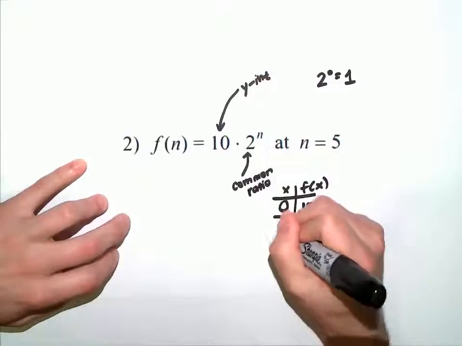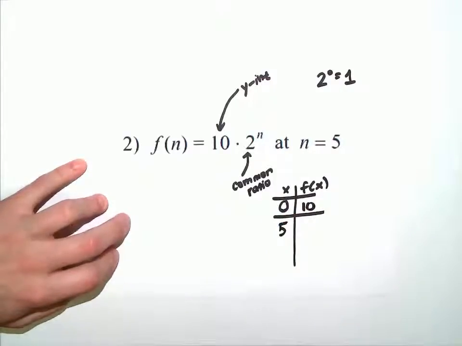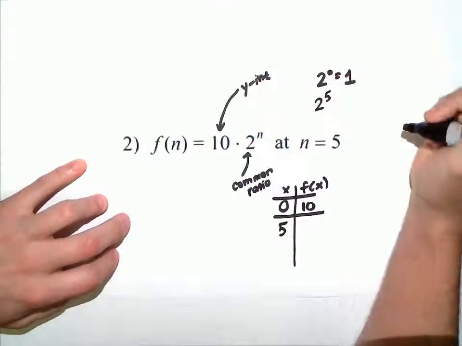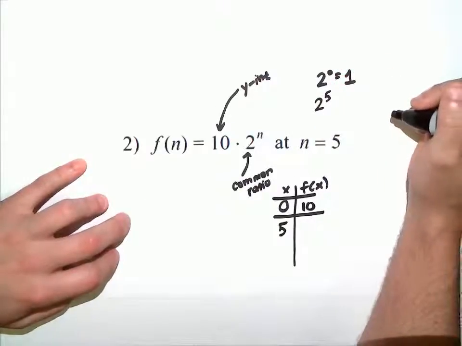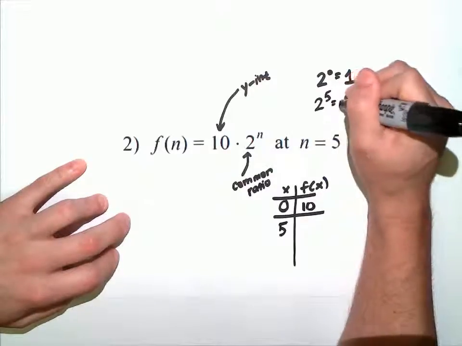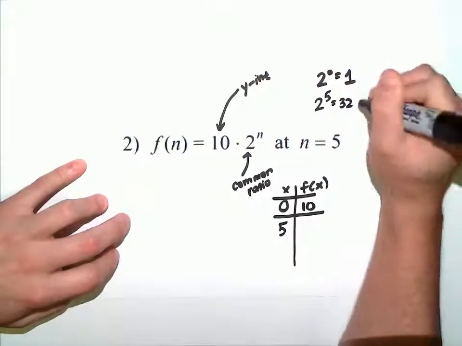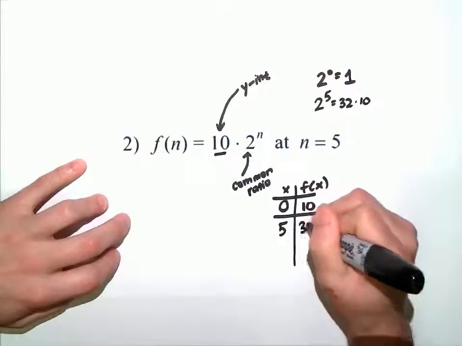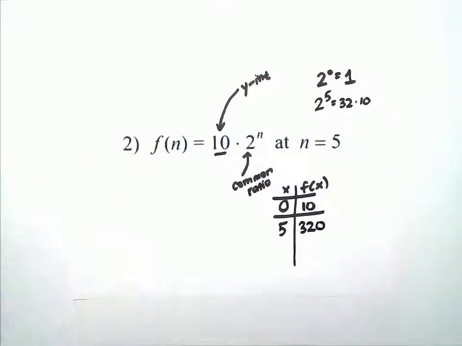When we input 5 into this function, we get 2 to the power of 5. Well, 2 times 2 is 4, times 2 is 8, times 2 is 16, times 2 is 32. And we multiply that by our y-intercept of 10, and we get 320. This exponential function is growing pretty quickly. So another thing we know is that it's growing.